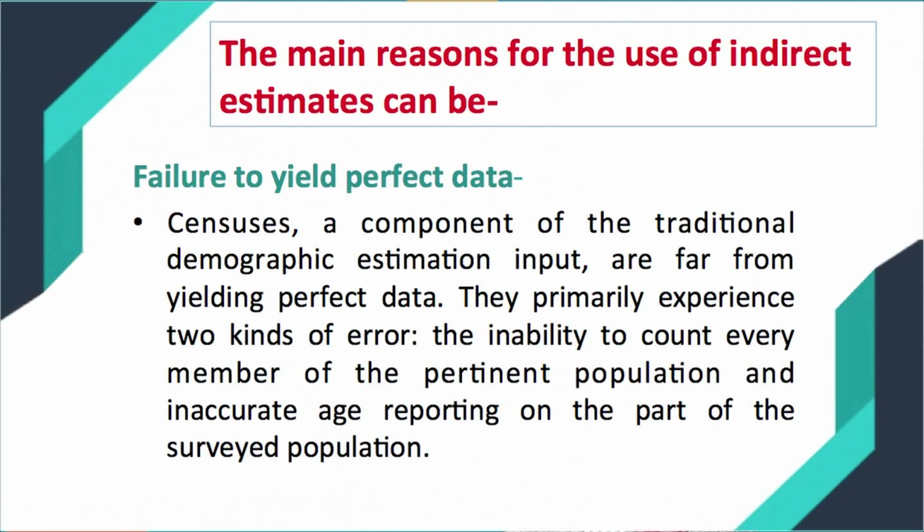And the second reason is failure to yield perfect data. Now, censuses, a component of the traditional demographic estimation input, are far from yielding perfect data. They primarily experience two kinds of error. One is the inability to count every member of the pertinent population, although occasionally some censuses have also resulted in population overcounts and inaccurate age reporting on the part of the surveyed population.